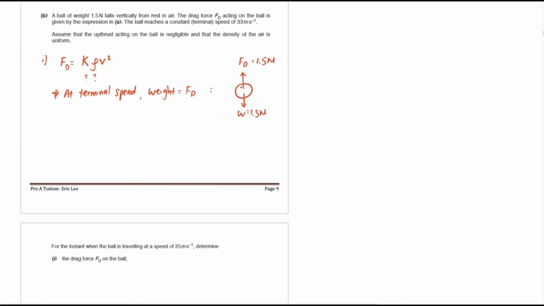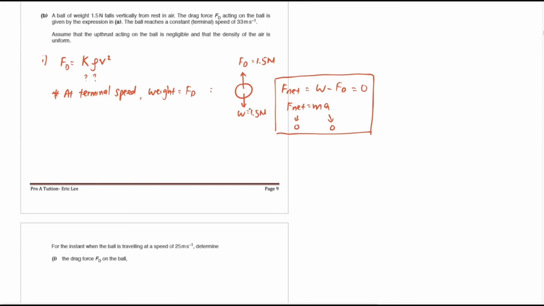When the forces are balanced, the net force is W minus Fd, which gives 0. Then net force equals ma, so when this is 0, there is no acceleration. That is terminal speed. This is the thing that you need to know.